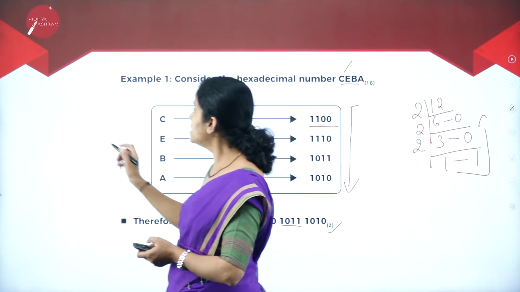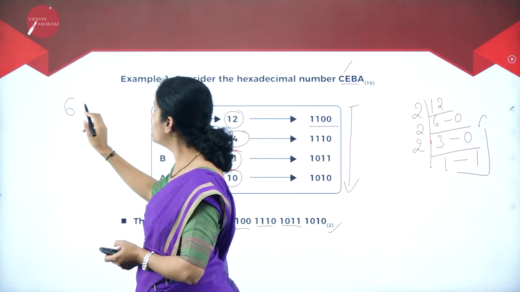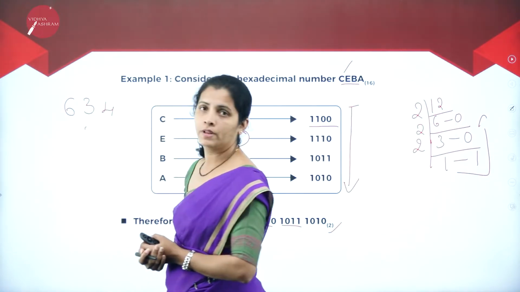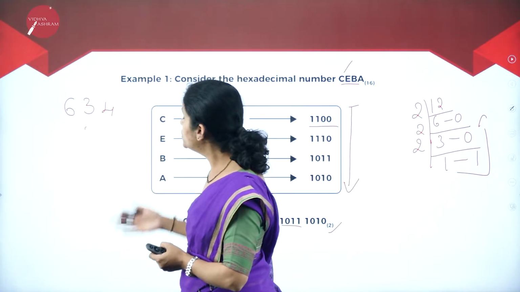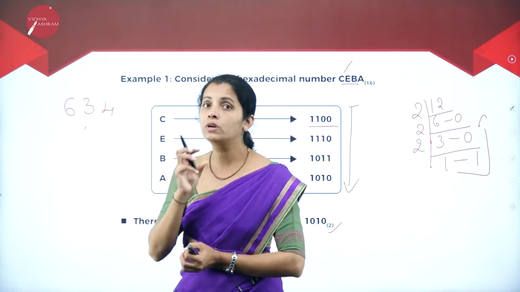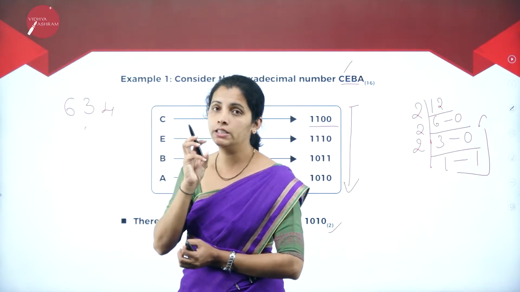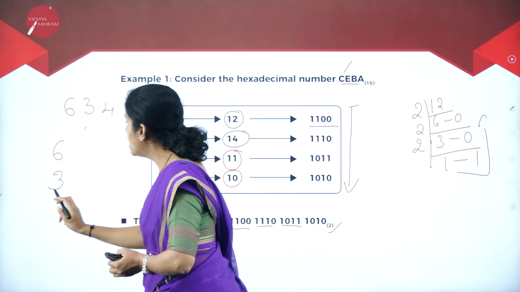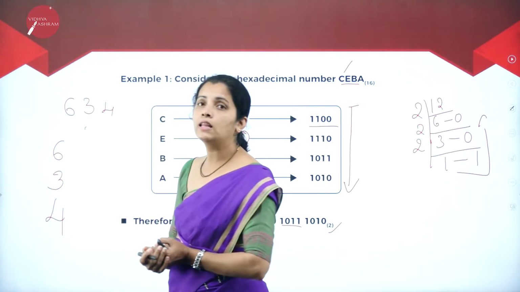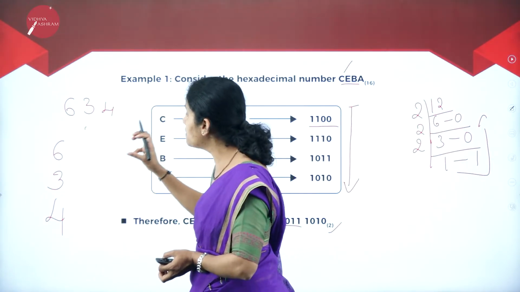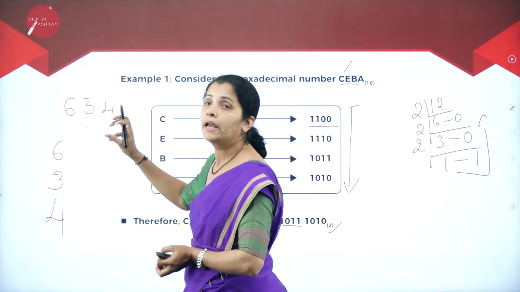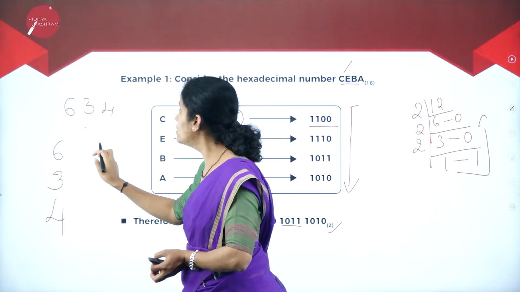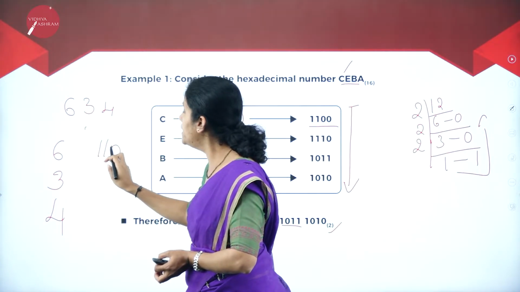Now consider another example. Think that I'm going to have 6 3 4. Now according to the rule, I want to consider one individual digit at a time. So I'll write 6, 3 and 4. Now I'm going to write the binary representation for each individual digit, and it must include 4 bits.